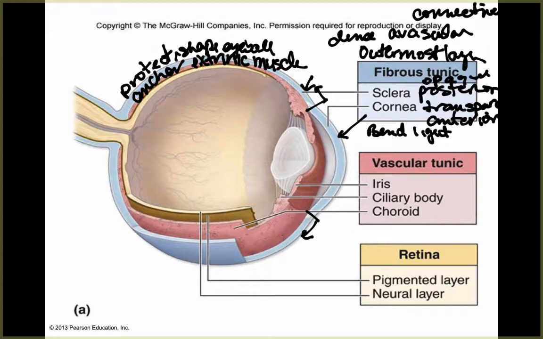This area also has pain receptors in it, so if something happens, it gets damaged in some way, that's going to contribute to the blinking and the production of tears. So that is the fibrous tunic.